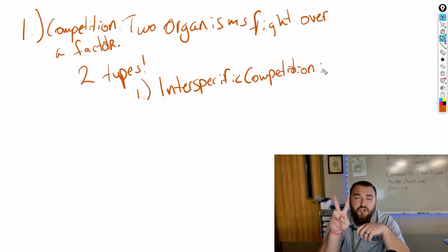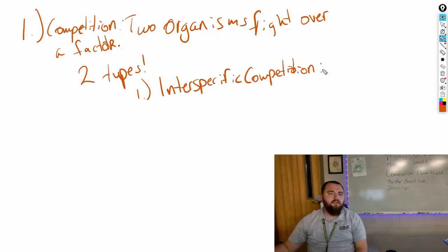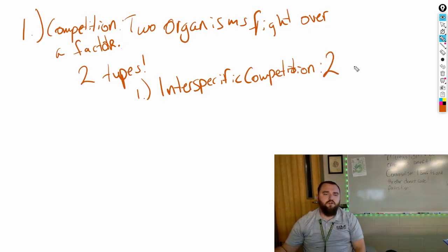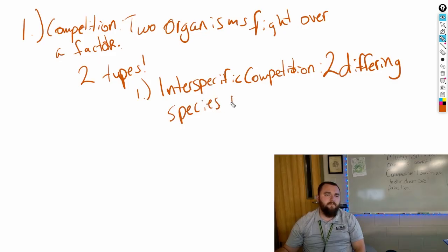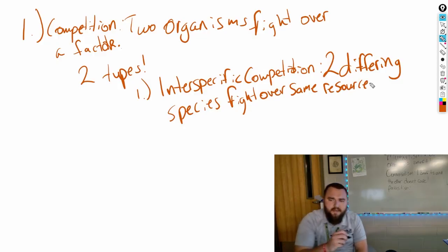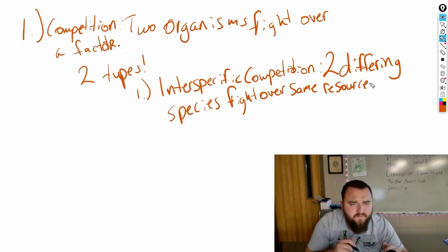Interspecific is when two different species are fighting for the same resource. So, two differing species fight over same resource. Okay, so that's called interspecific.